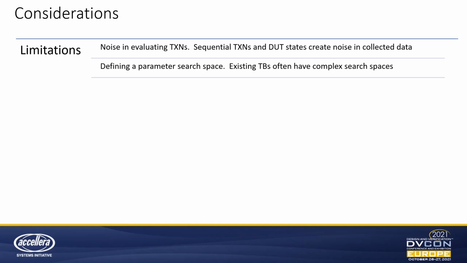Input transaction parameter search spaces can be quite difficult to define and difficult to manage. So this is dependent on TB structure, but typical UVM transactions have a complex and parameterized search space, and extrapolating the search space is a non-trivial task. The use of RTL structure is well suited to code coverage types, but is difficult to expand to other coverage types where the RTL structure and coverage related impacts may be difficult to model.